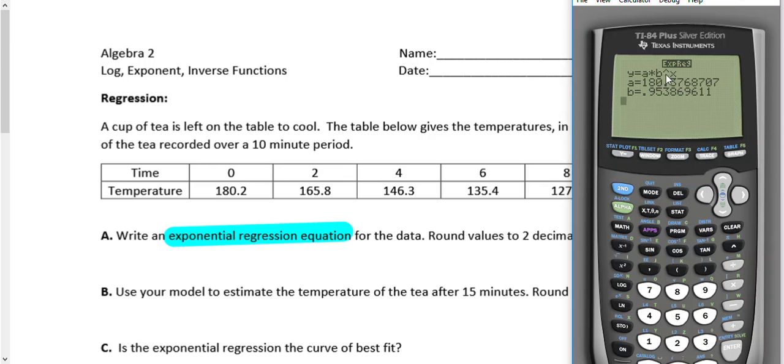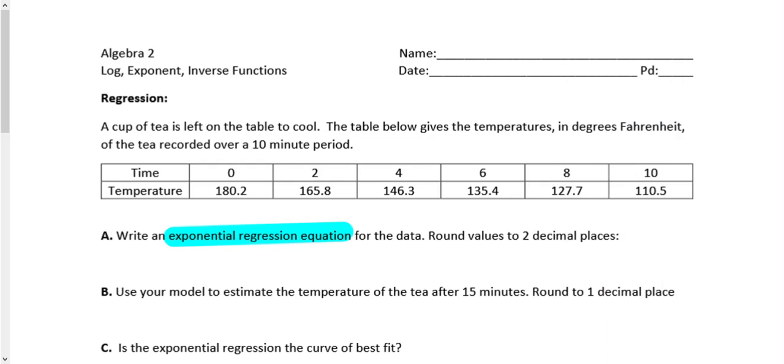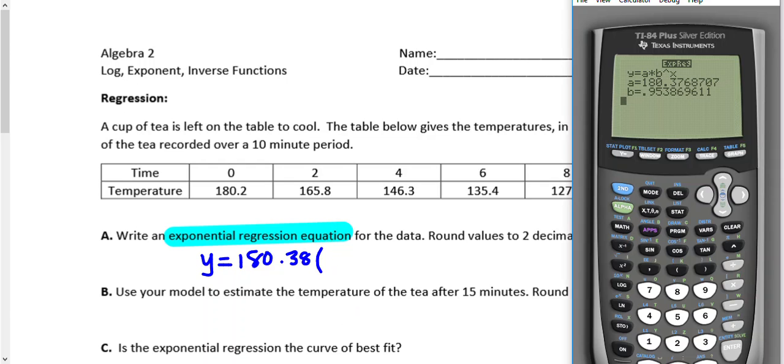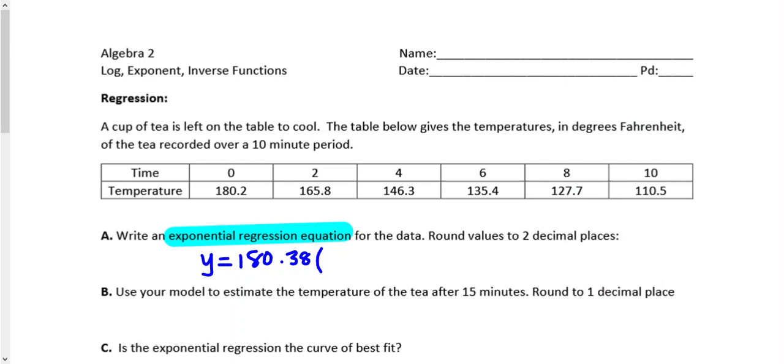The difference is here we want to put b in parentheses. So we are going to say y equals 180.38 parentheses 0.95 for b, raised to the x power. So there is my regression equation.